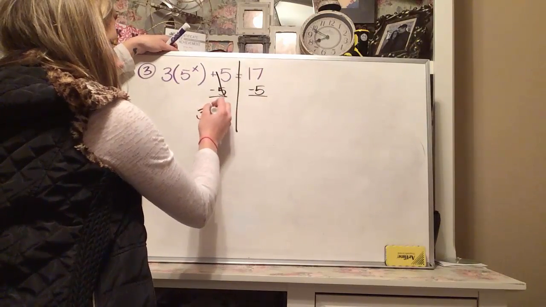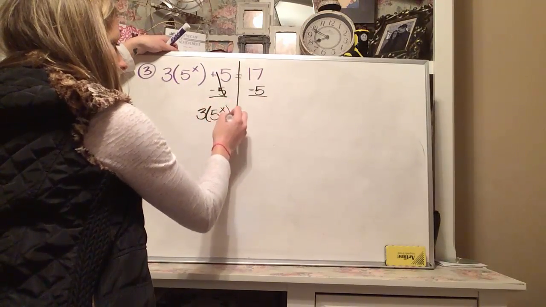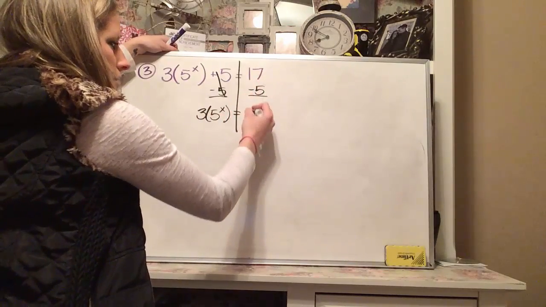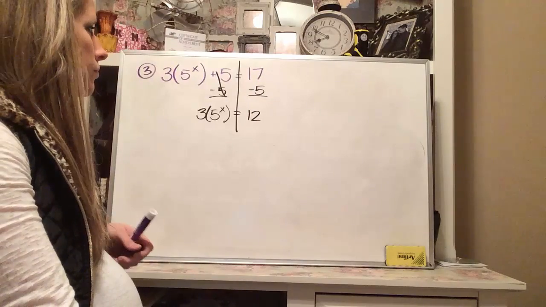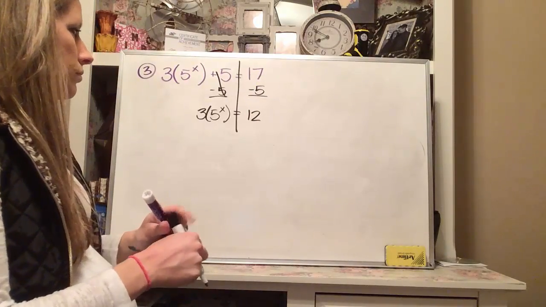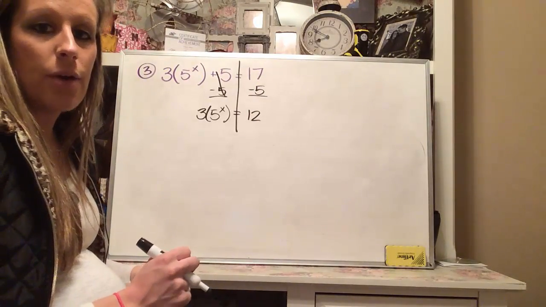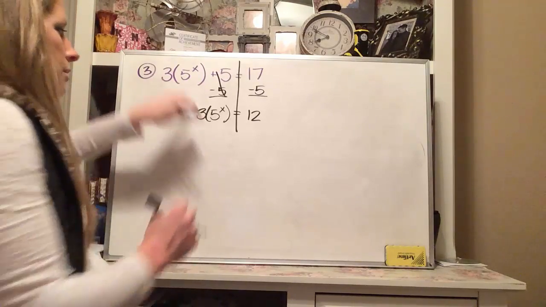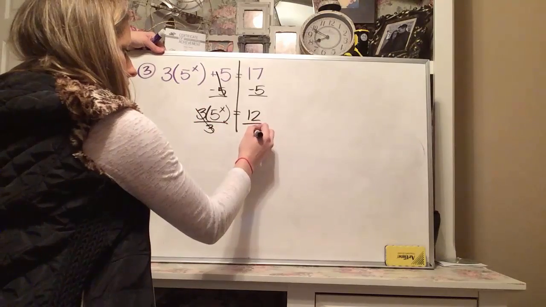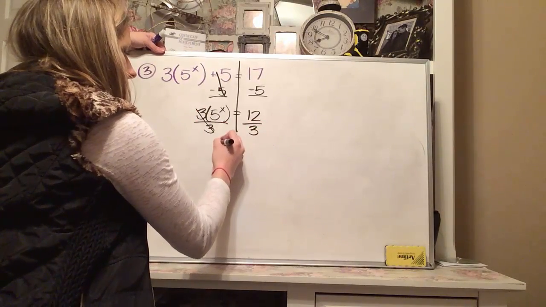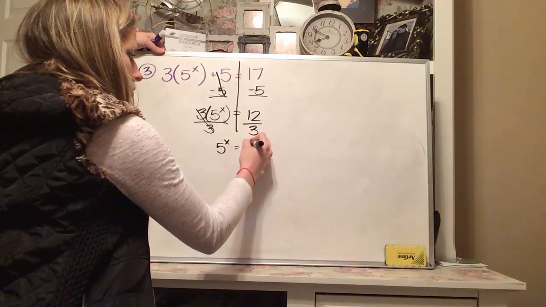So 3 parentheses 5 to the x power equals 17 minus 5, which is 12. I need to get that 5 to the x power by itself, so I'm going to divide by 3. So 5 to the x power equals 4.